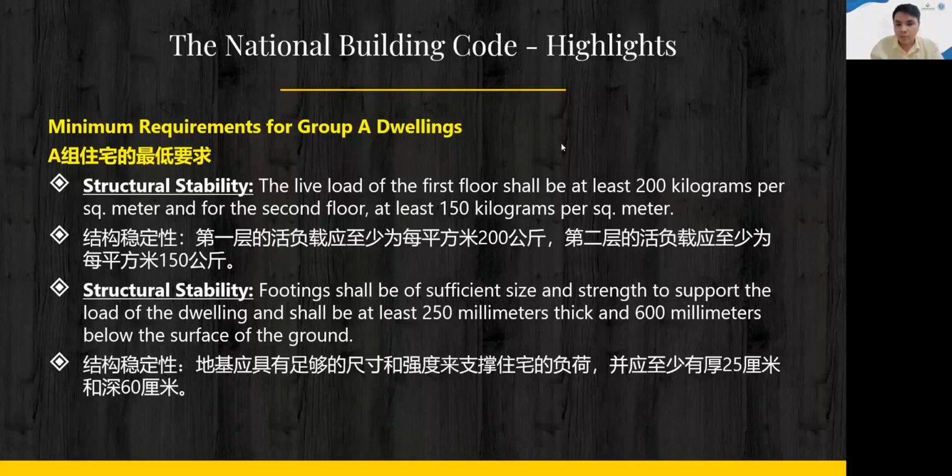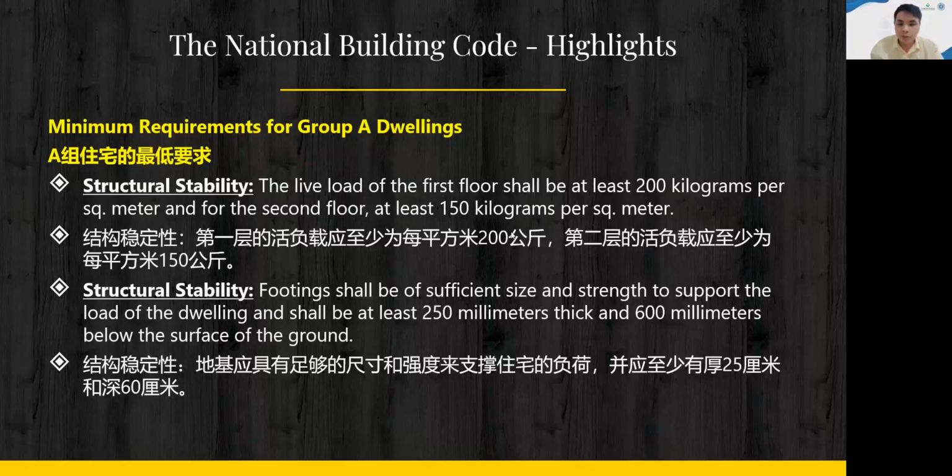In this description, you could imagine that the code provides a safe load to be considered in structural design, so that the floor can sufficiently provide support to the loads that the dwellings would take.